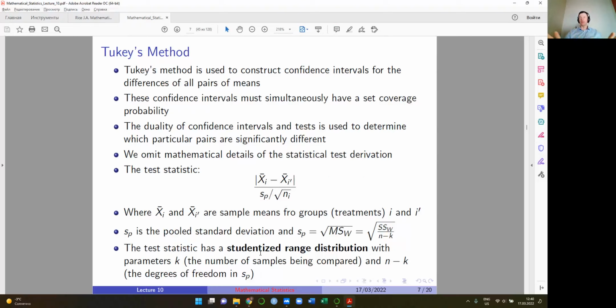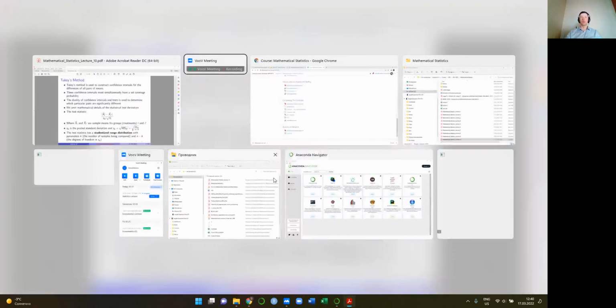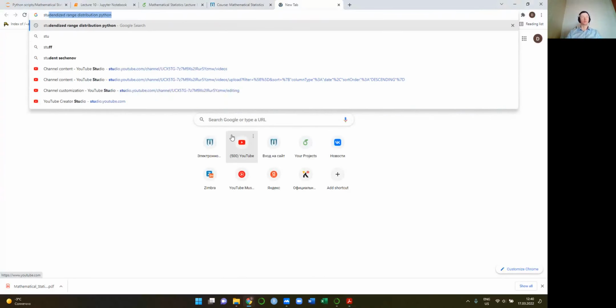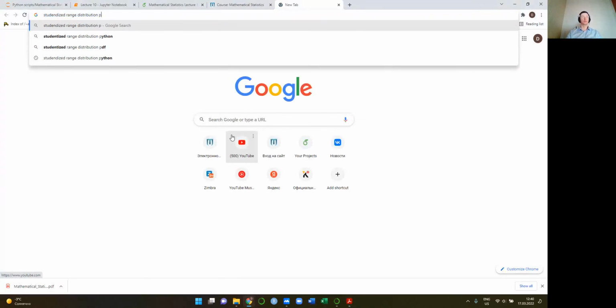The operations with this distribution are exactly the same as usual. I mean that you just need to understand there is a variable that has some special distribution. It's not student, it's not f, it's not chi-square, it's not normal, it's just some other type of distribution. If you want, we can have a look how this distribution looks like. Studentized range distribution.